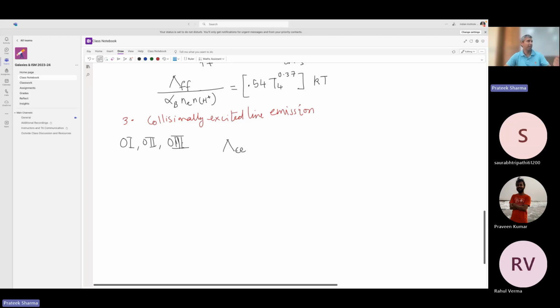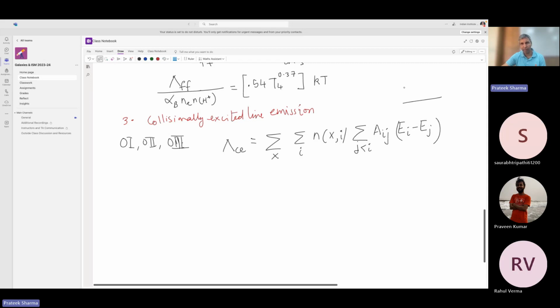Lambda due to collisional excitation is equal to the summation over X, summation over I, n_X,I times the summation over j less than I of A_ij times E_i minus E_j. Let me tell you what I'm writing here.